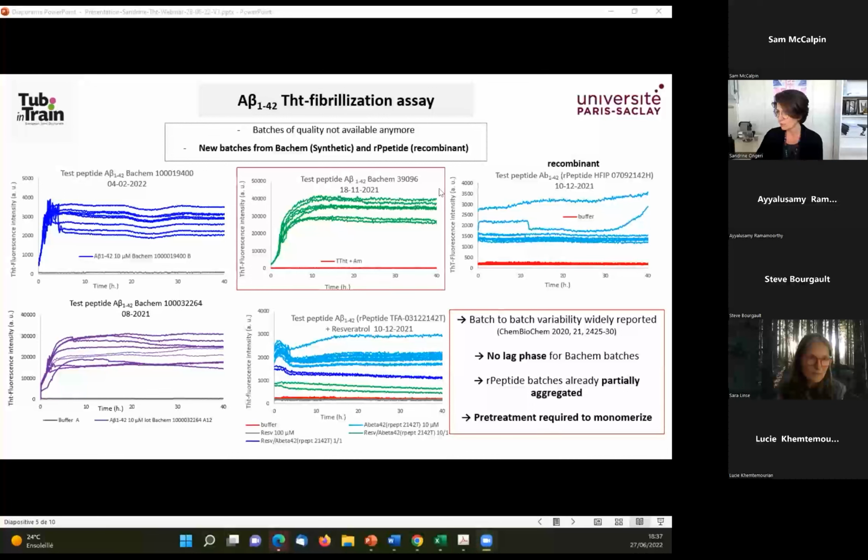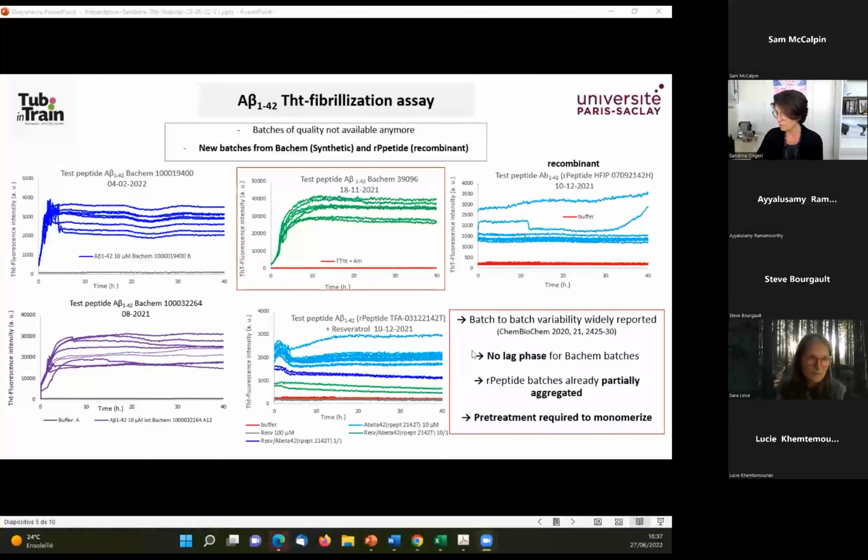So we decided to use this batch and to try to perform a pre-treatment to delay the lag phase, because in our case, we are medicinal chemists and we design compounds able to target really monomers or small oligomer species. So in that case, our compounds were no longer active, of course, because here we have already too large amounts of oligomers or fibrils.